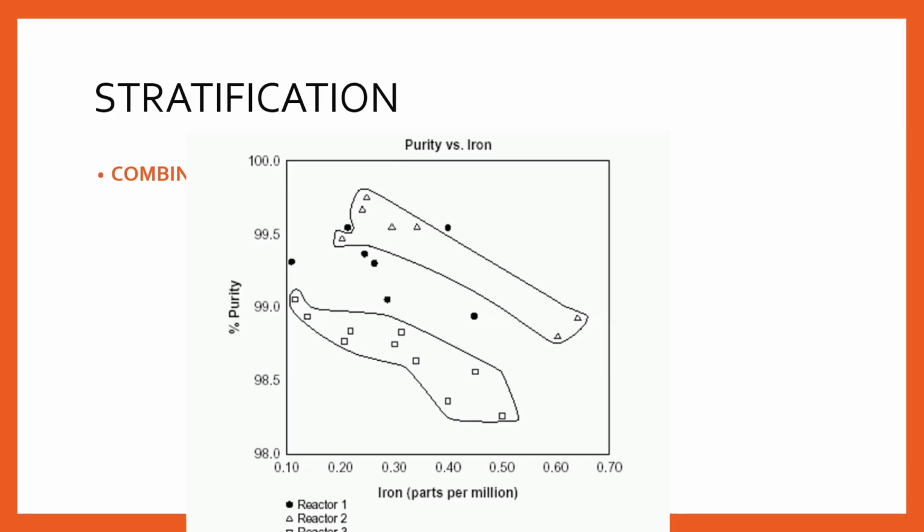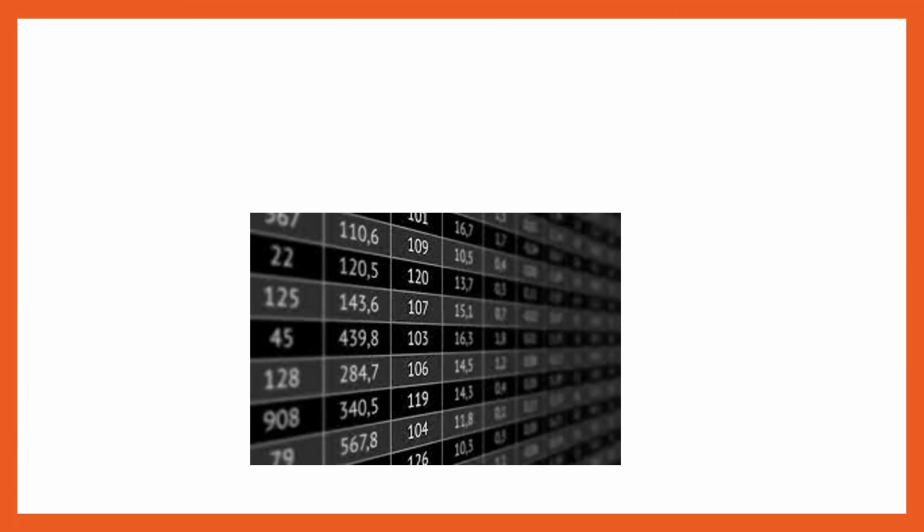You can see the images, and then stratify your data to understand the percentage purity level and judge it in a nice way. You can understand, when the ppm level of this iron is increasing, how the percentage purity is, and in which trend it is being followed here.